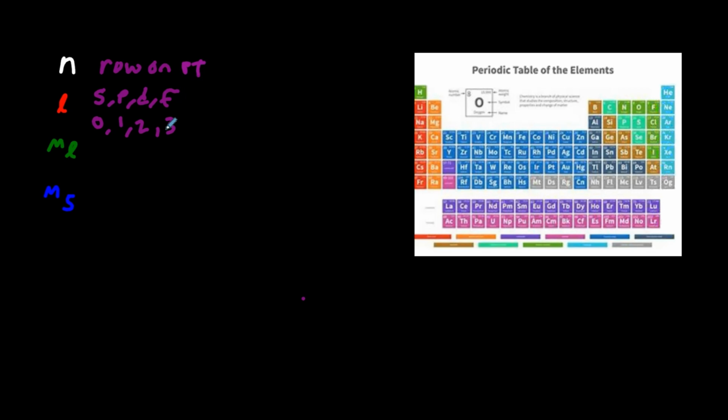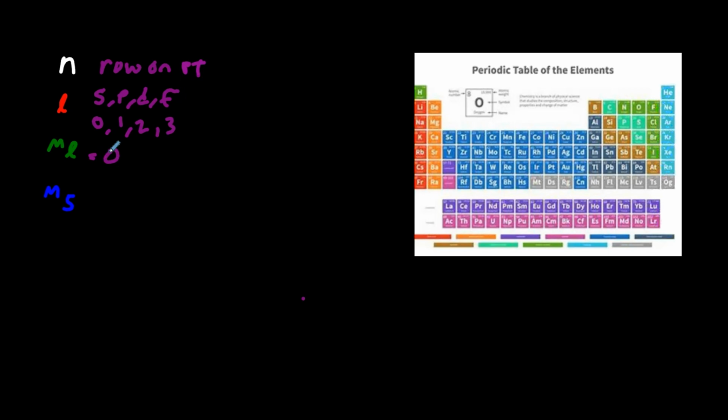Now, for the ml value, this is simply going to be the plus or minus of the number that we got from L. So this represents the possible orbitals of an element. If we had L equals 0, then our ml will also equal 0.